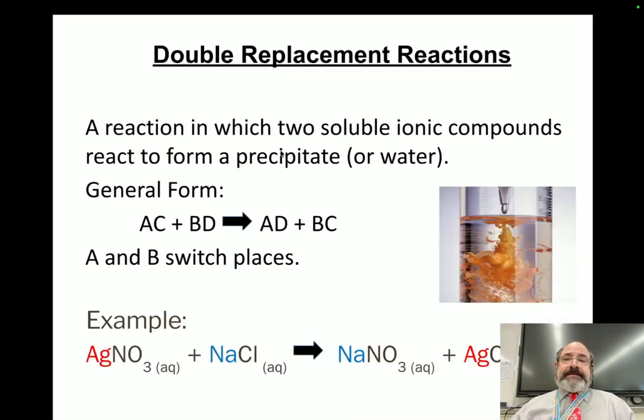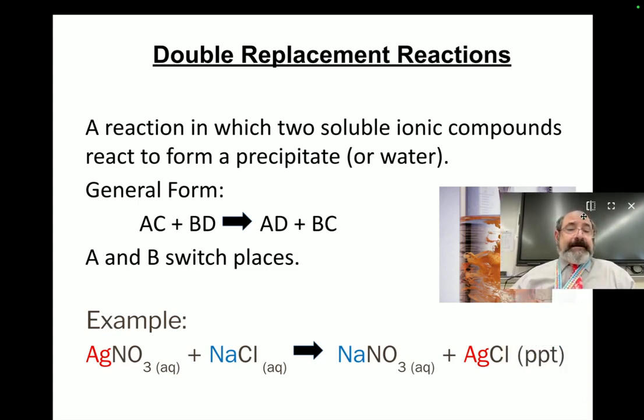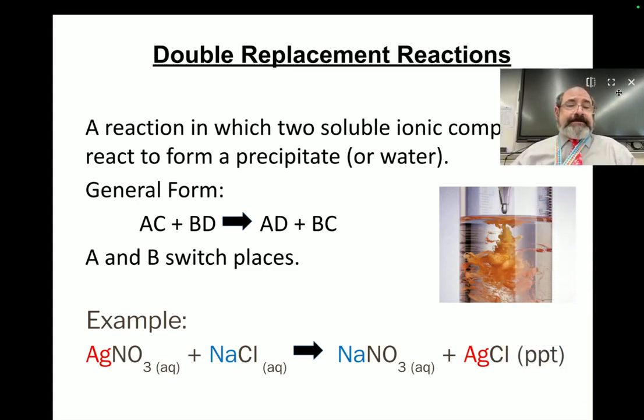Okay? Next is a double replacement reaction, where 2 and 2 combine, they switch partners, and I'll slide up here so you can see it. So they switch partners, and you make a precipitate, and there it is. So there could be other products, but the one that we're going to see the most is a precipitation reaction.